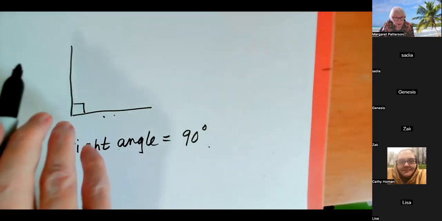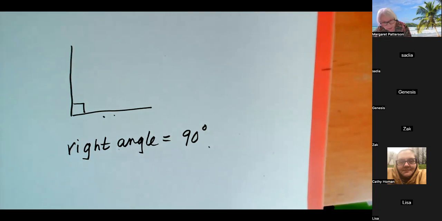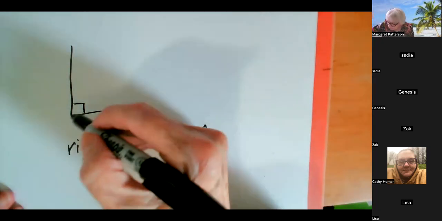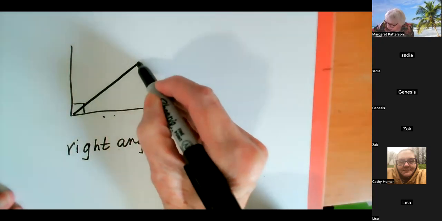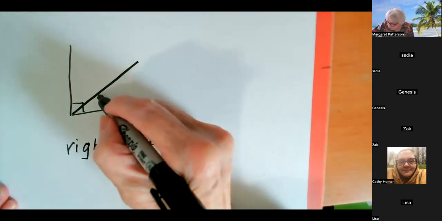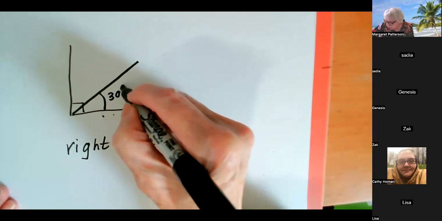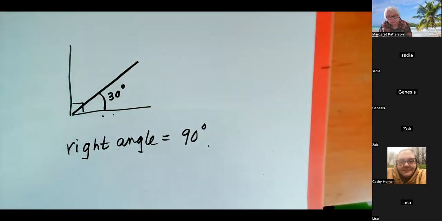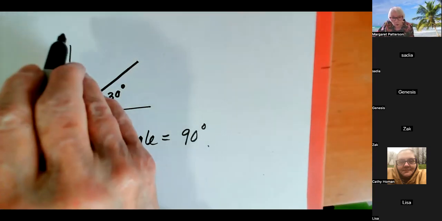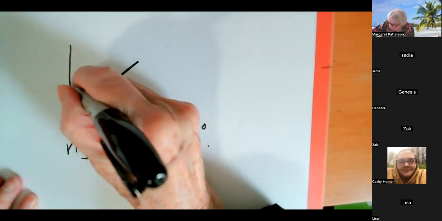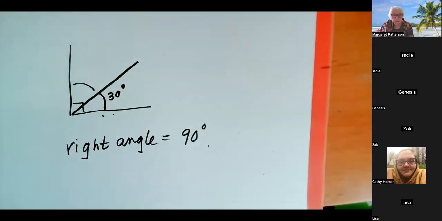These are perpendicular. That's another way to say it. So if you had a line going through here and you said, oh, okay, well, this is 30 degrees. And you knew the whole thing was 90. Can you tell me how much this is?